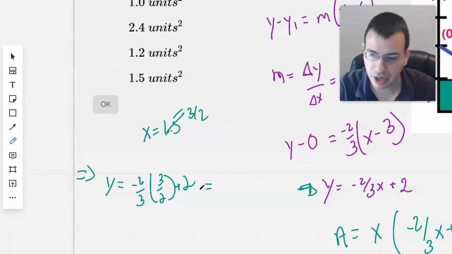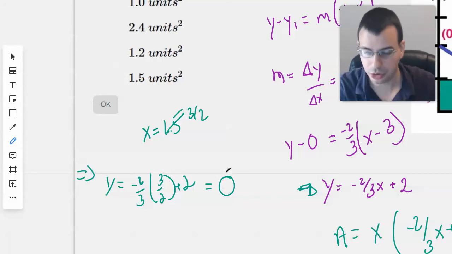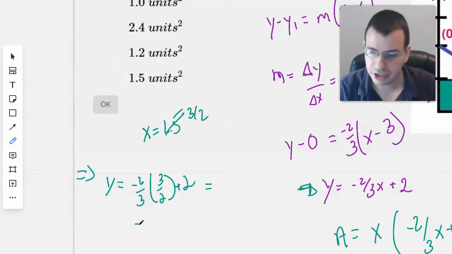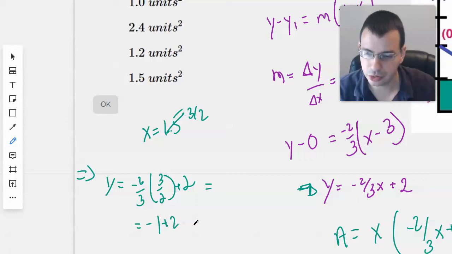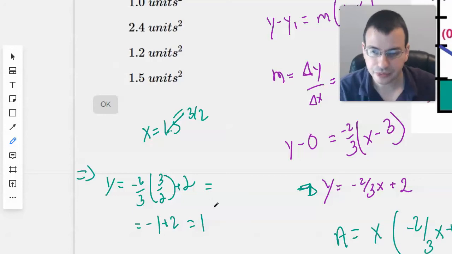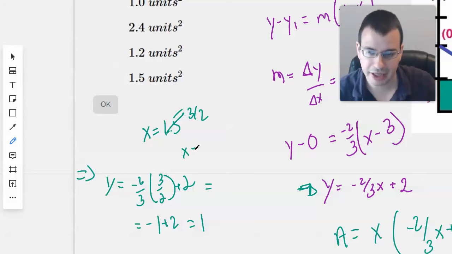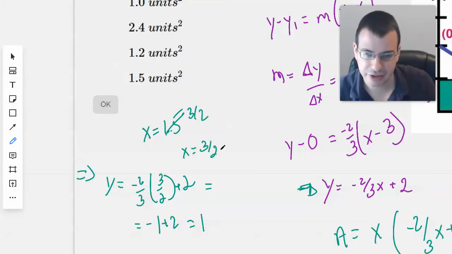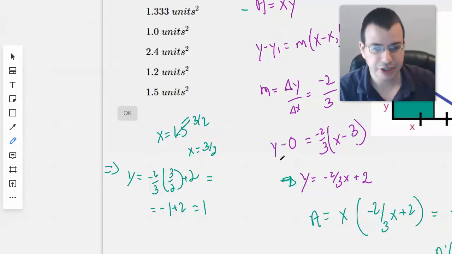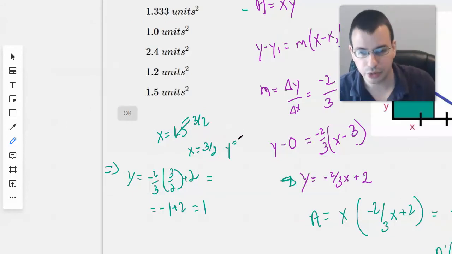So that equals negative 1 plus 2, which equals positive 1. So we have the point x equals 3/2, y equals 1.